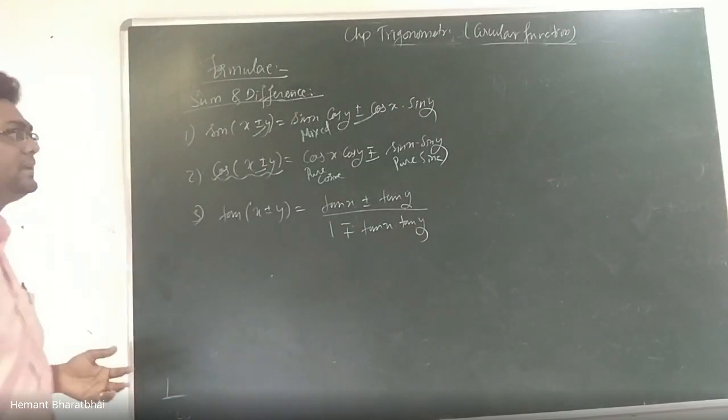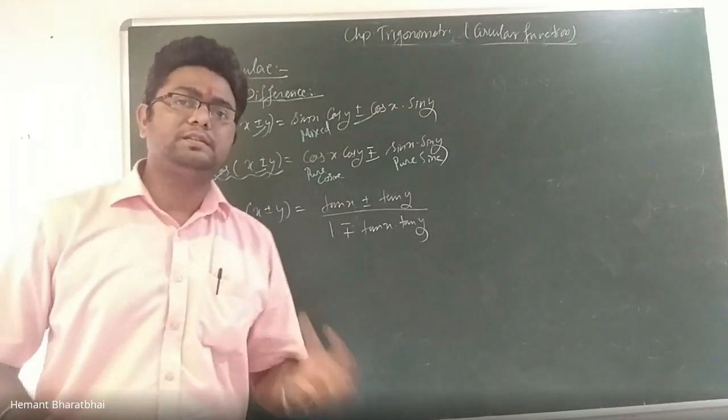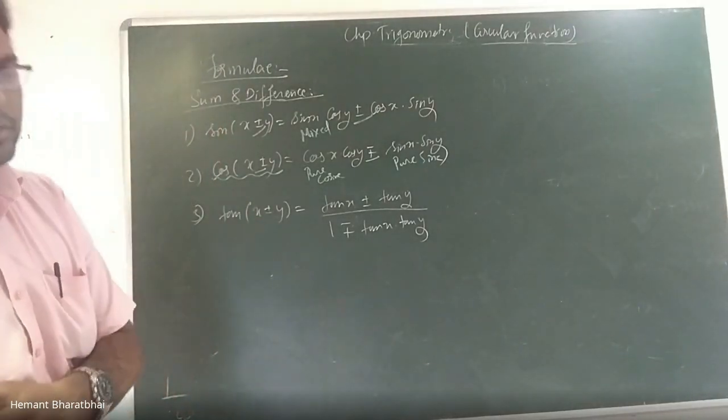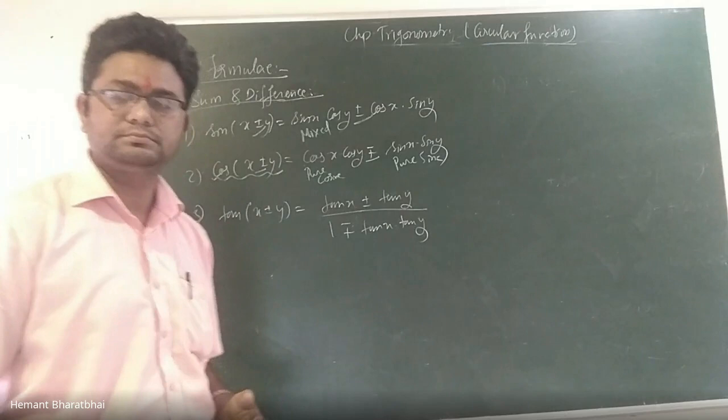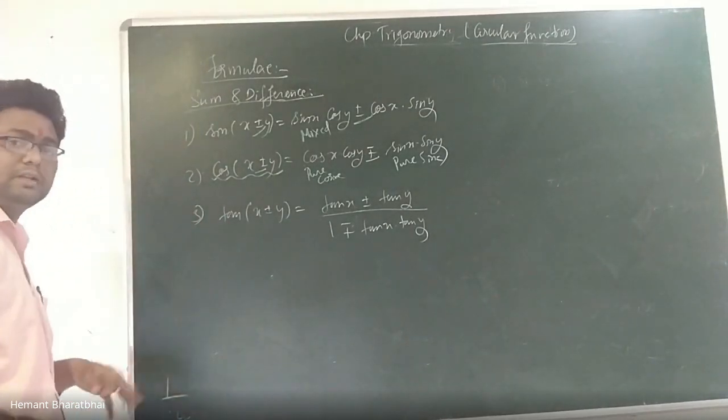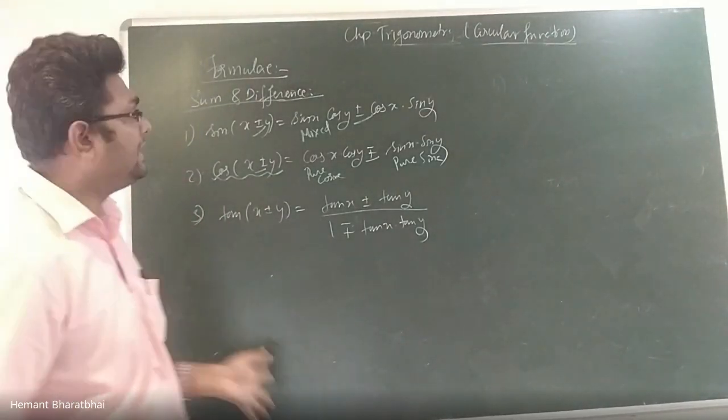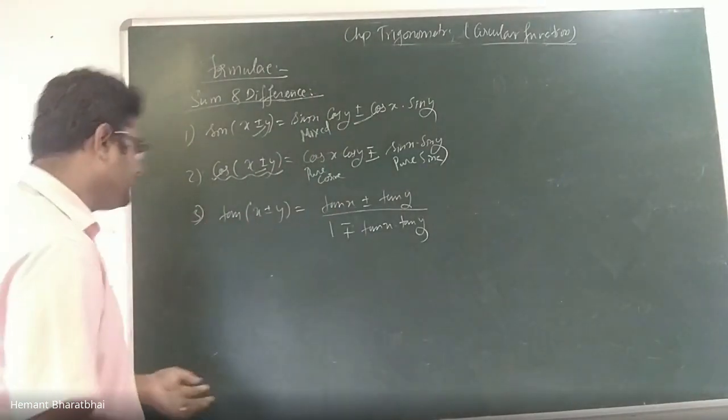Now before going to the next, there are two sets of formulae: sum into product and product into sum. Before going into that, I am giving something to learn by heart so that the formulas will become easy.